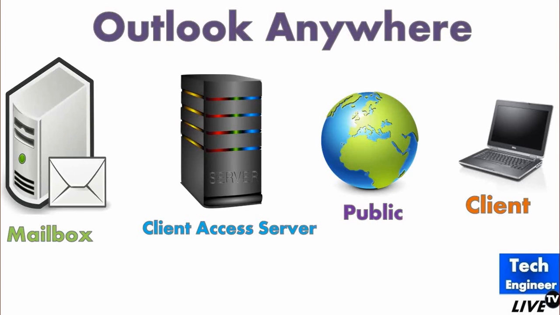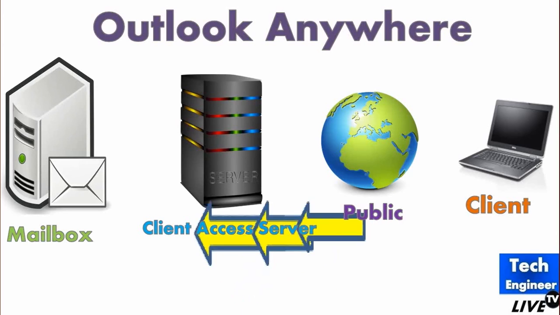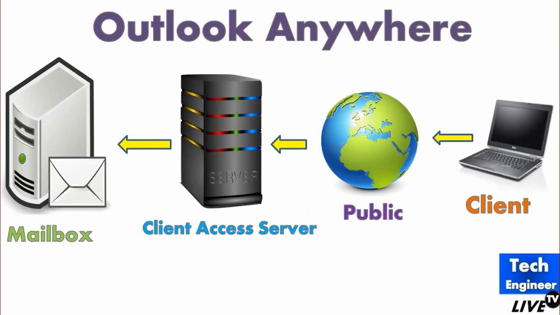I want to check my mailbox. So I first have to create my connection with the public network, then my public network will be able to access the Client Access Server, and the Client Access Server will provide me the settings and the mail access through the mailbox.